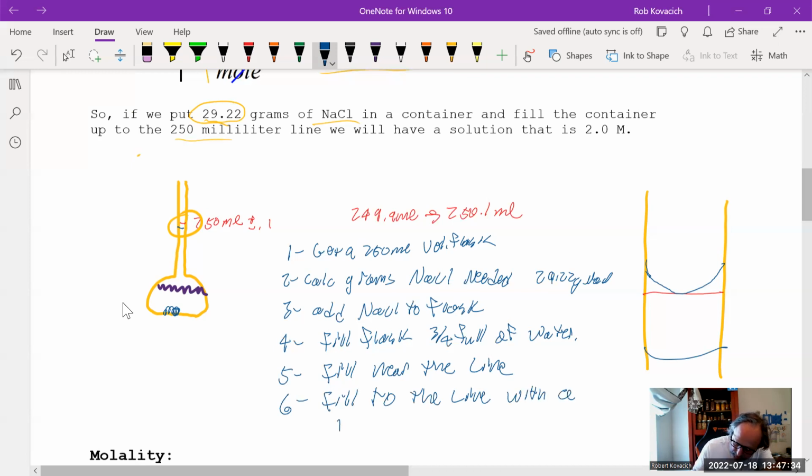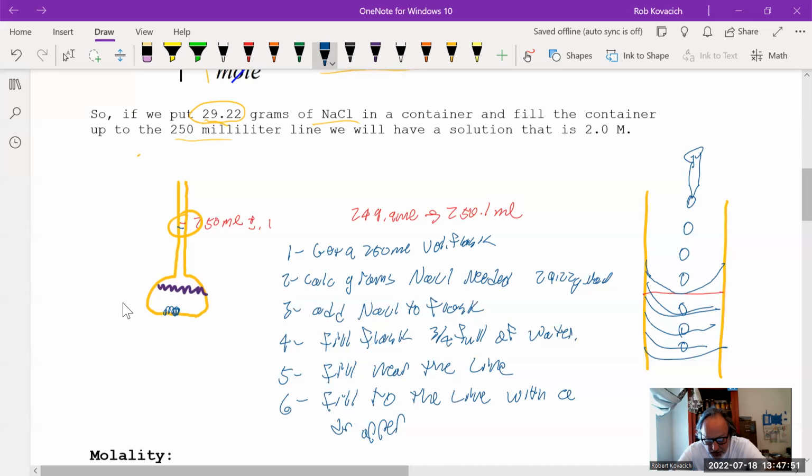with a dropper. Okay, so you're going to literally have a dropper like you have in your kit, and you're going to drop droplets of water in here, and then this level is going to go up, go up, go up until it gets to right where you want. The reason you're going to do this is because if you're dumping with the graduated cylinder into here, invariably you're going to end up having a line like this, and you went over.